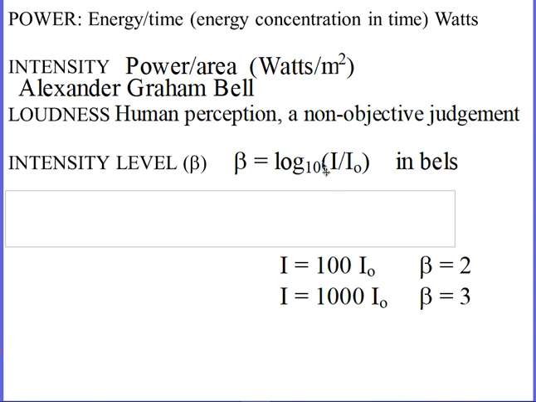So we take the ratio of this intensity to a threshold of hearing value, take the log of it, base 10, and that's what we mean by the intensity level, and this very closely mimics our perception of loudness. But it turns out that bells are a little bit big. And so we like instead to measure intensity level in tenths of bells, known as decibels.